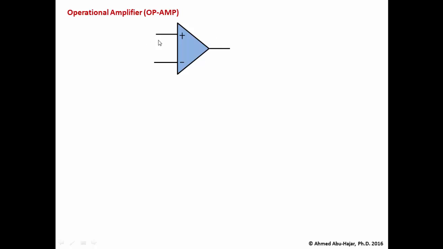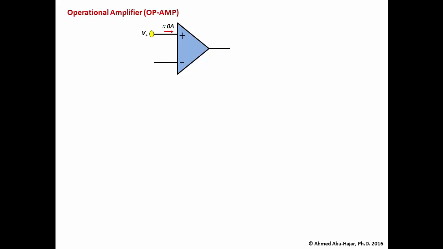So let's start. If you look at the op-amp symbol that we see, you can see that the op-amp has three terminals, three legs. One of the legs has the plus sign, so this is going to be an input. We call it the non-inverting input. And for the non-inverting input, we are interested in two things.